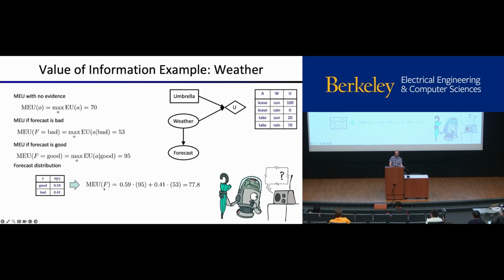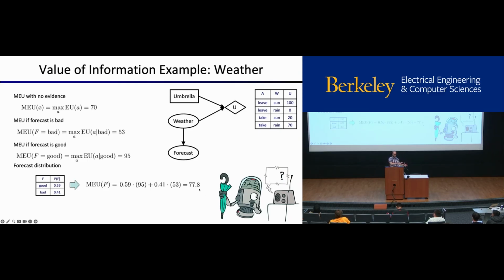So with a 59% chance, we will end up with a maximum expected utility of 95. With a 41% chance, we'll end up with a maximum expected utility of 53. We don't know which is going to be. That's kind of the point. We haven't observed the forecast yet. So in expectation, the maximum expected utility will be 77.8.